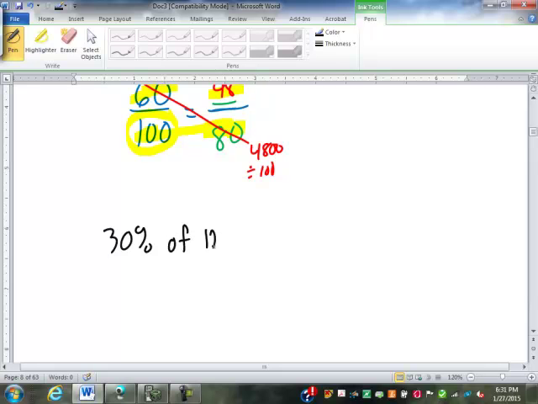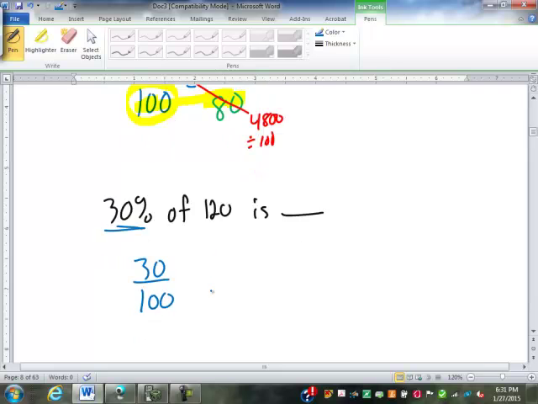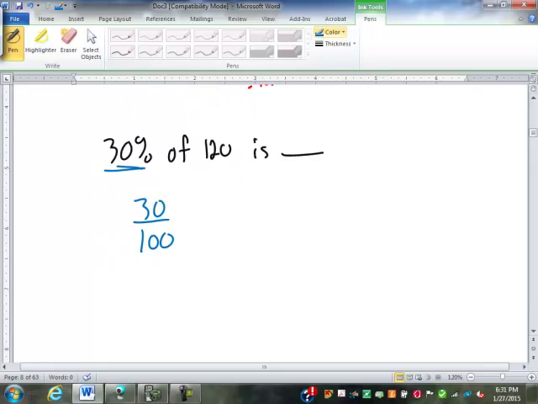30% of 120 is blank. This is actually the exact same type of question, just worded way differently. As always, I'm going to start with the percent. 30% is 30 out of 100. Now we have the 120 and the missing number. Which one matches up with the 30%?